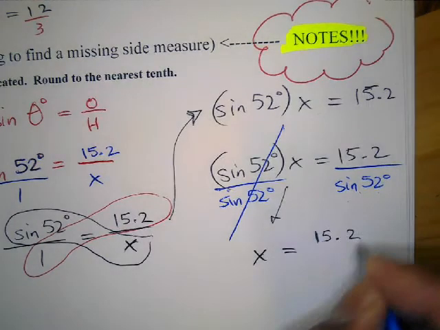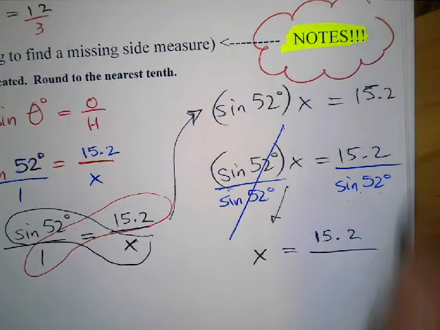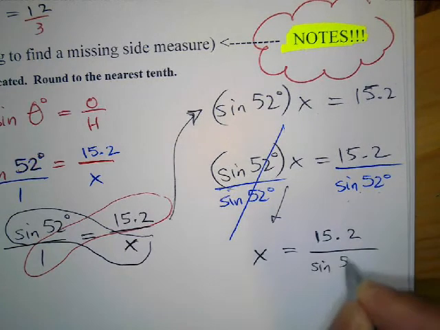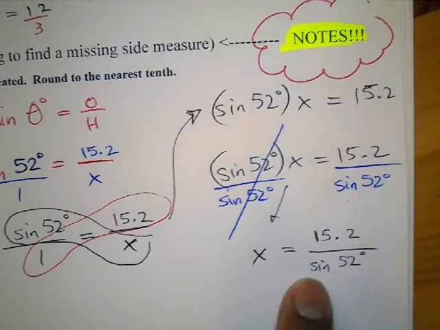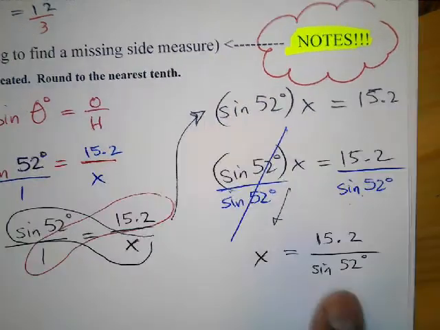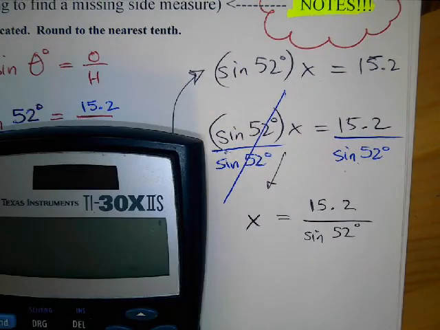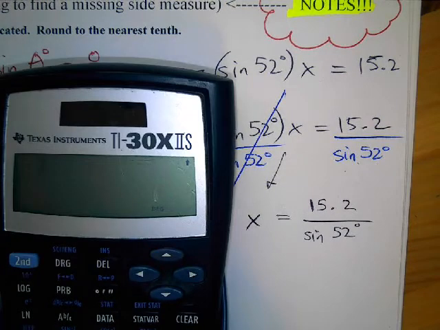And now this is the part that you have to do on the calculator. But now it's 15.2 divided by sine of 52. And here's where I have a lot of students that get, you'll do all this right, but you just won't get the answer right because you need to know how to use the calculator correctly.